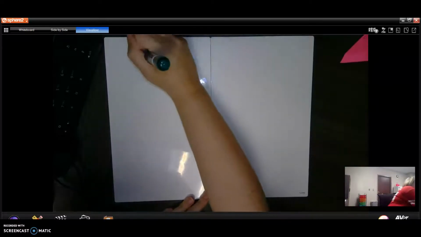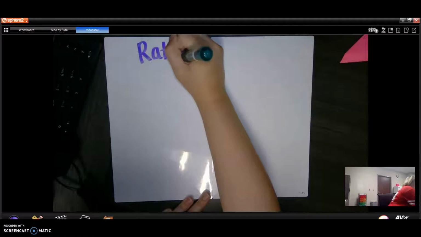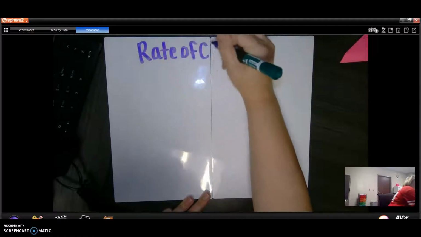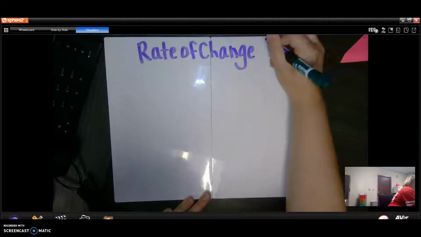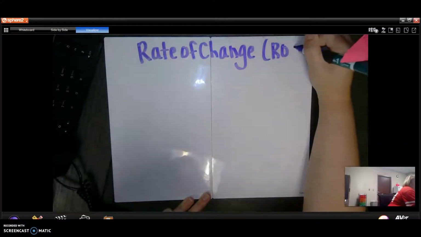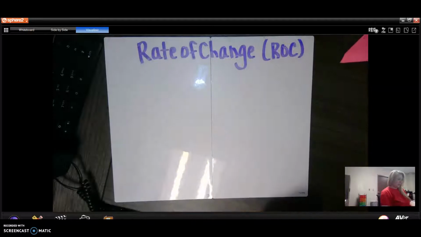So the very first thing I want you to do is to write rate of change at the top of your paper. And then you can put the ROC in parentheses if you would like to. Okay.